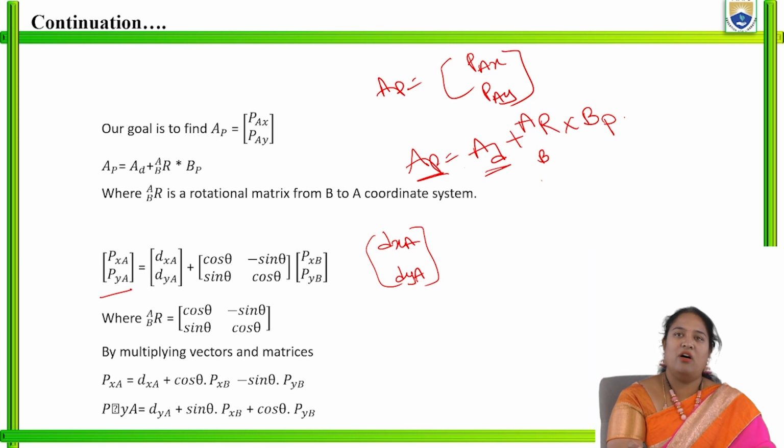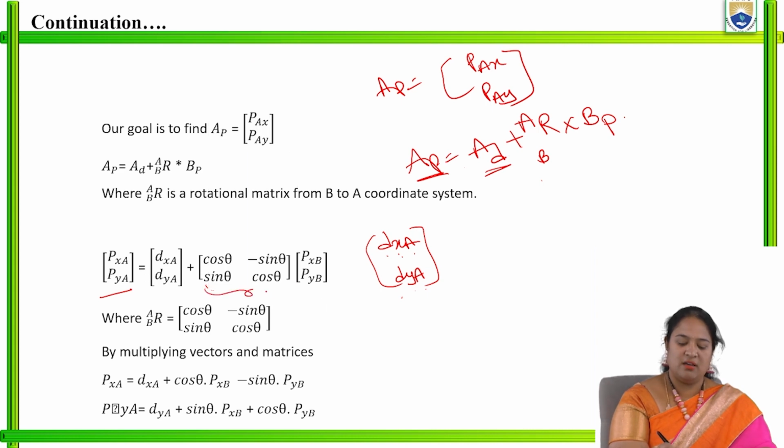For the coordinate A, for the x-axis it is dxa, for the y-axis it is dya. Plus the rotational matrix.